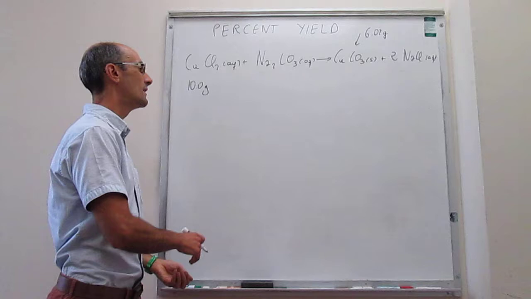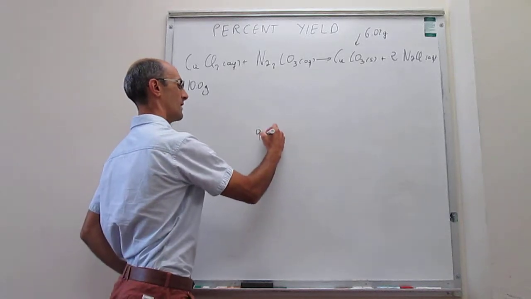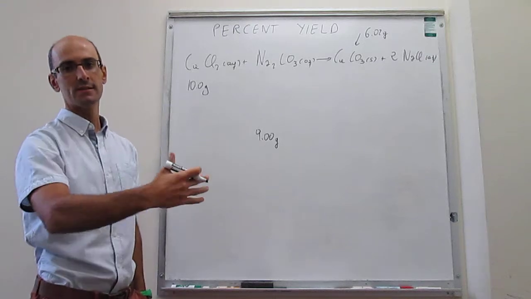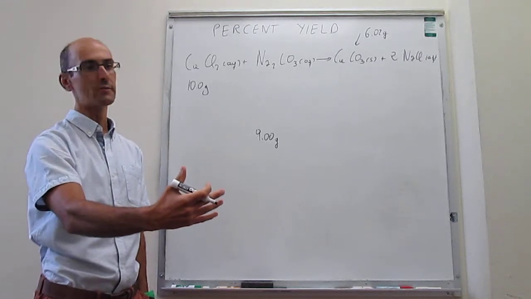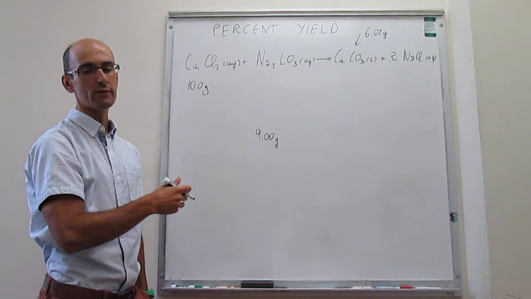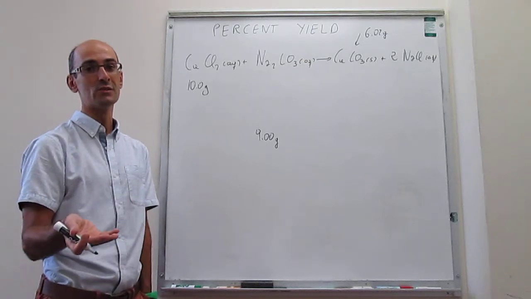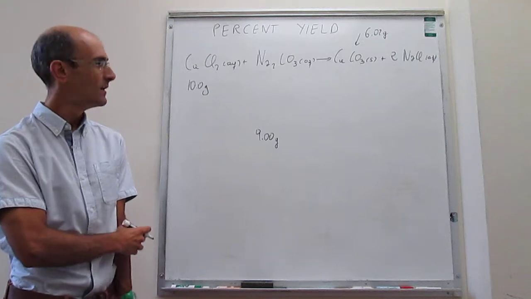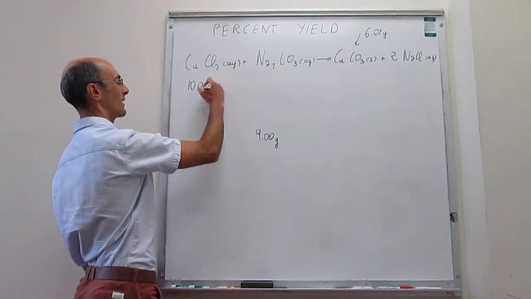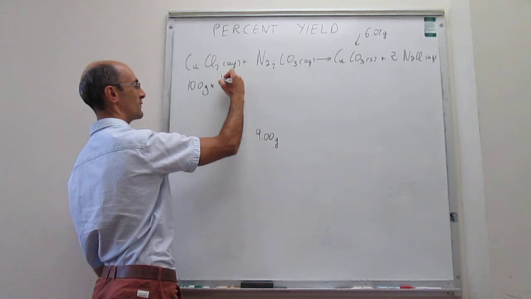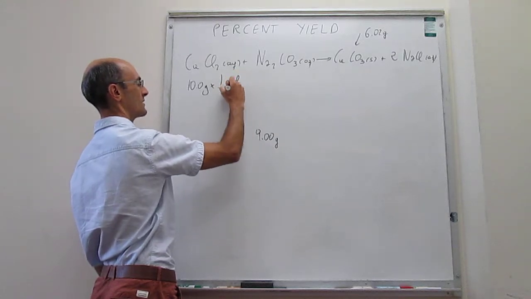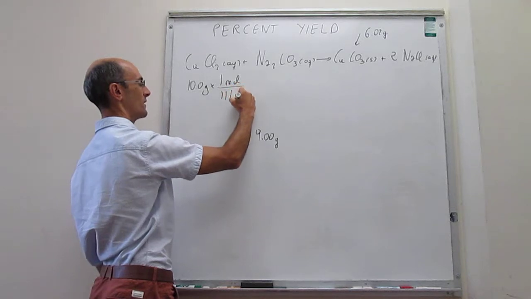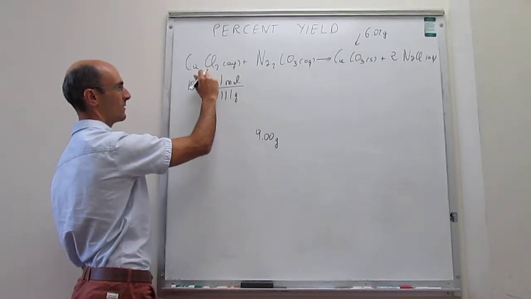Remember that to figure out what reagent is limiting, what you do is you calculate the expected number of moles of the product of interest for each one of the reagents, and then the one that gives you a lower amount of moles will be limiting. Okay, so for calcium chloride, what we need to do here is transform to moles. So 1 mole of calcium chloride, you need to divide here by the molar mass, which is 111 grams per mole for calcium chloride.